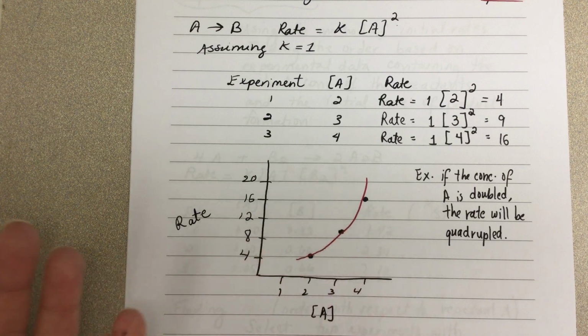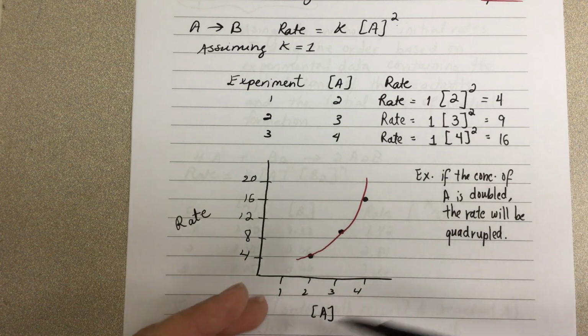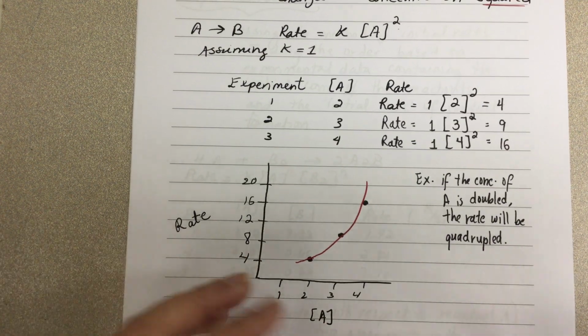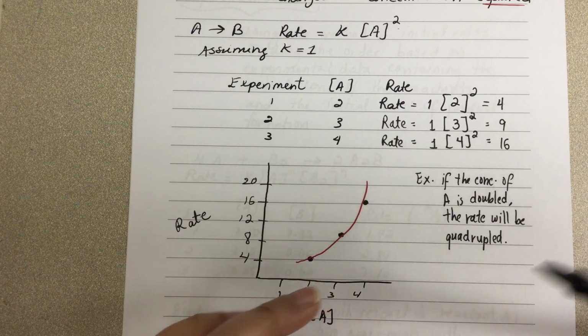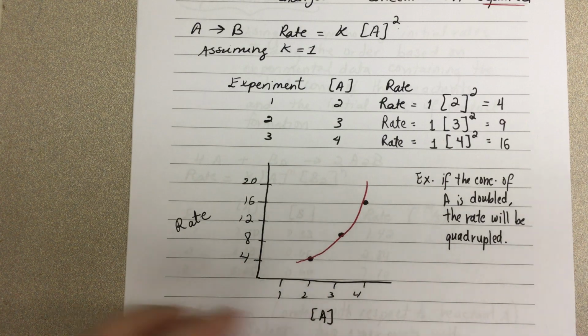Depending on how the graph looks, you can find out the order. Okay. So I'm giving you the order, and with the order we find the shape of the graph, but you can actually go the other way around. If you're given the shape of the graph, you can actually find out the order for that exponent.